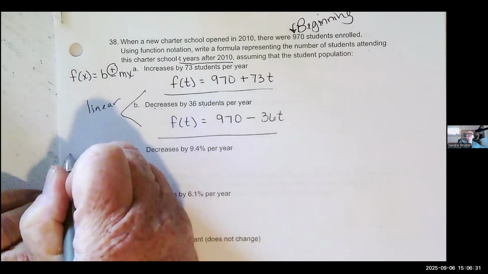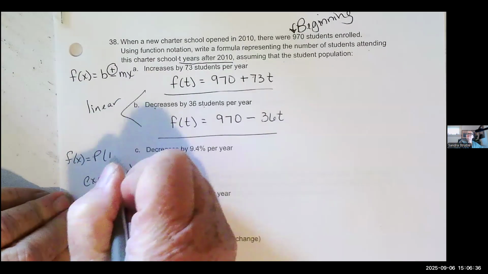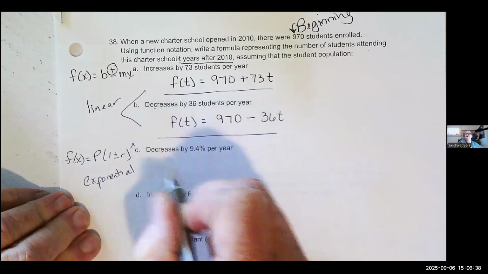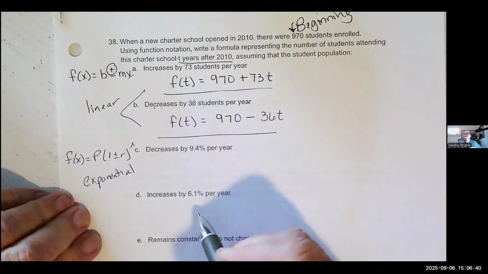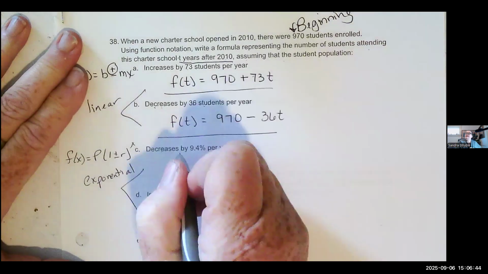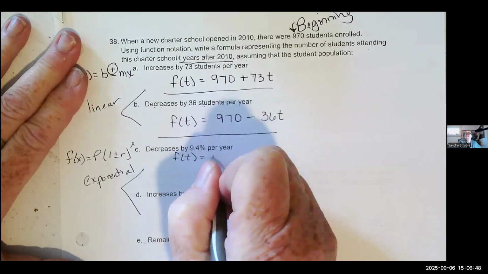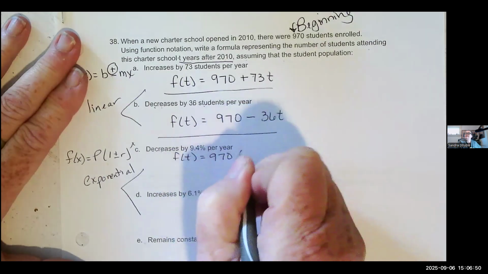So this is going to be f of x is equal to p times (1 plus or minus r) to the x, is what we're going to use to write these next two. So f of t, the initial amount was 970. That's my p.